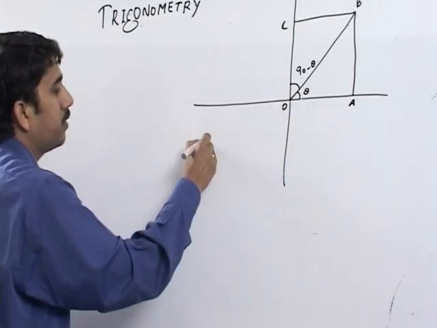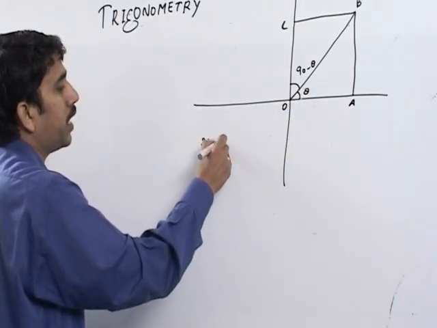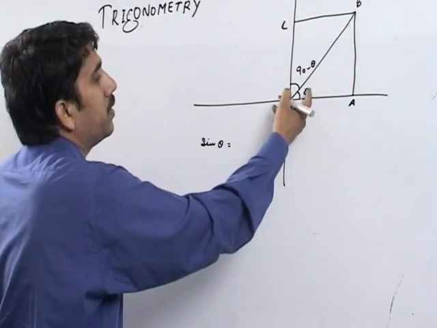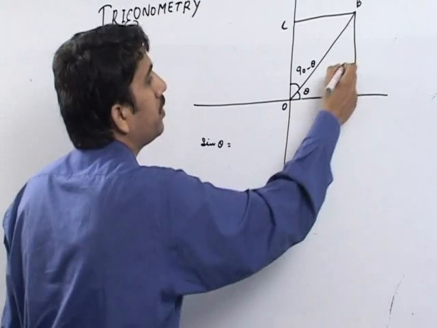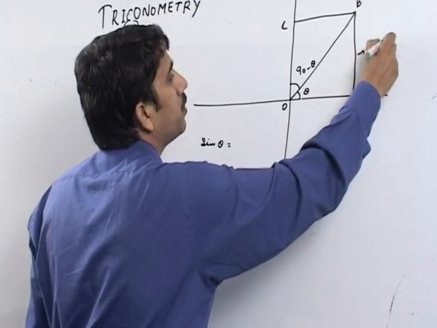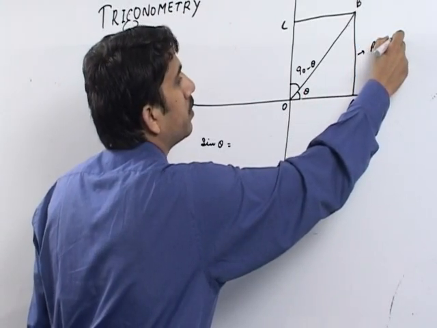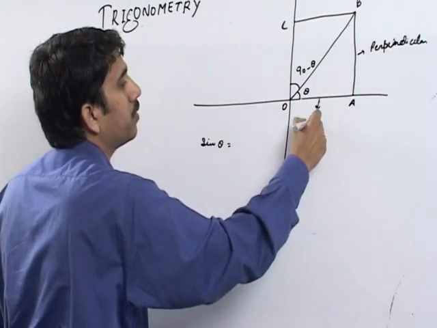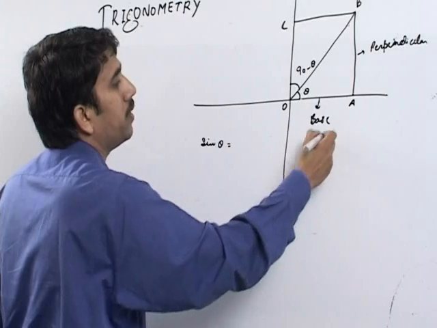If you take sine of theta, then this is the perpendicular, this is the base, and this is the hypotenuse.